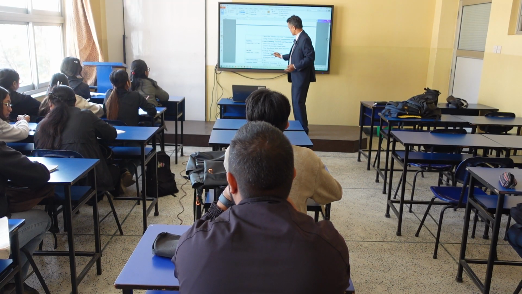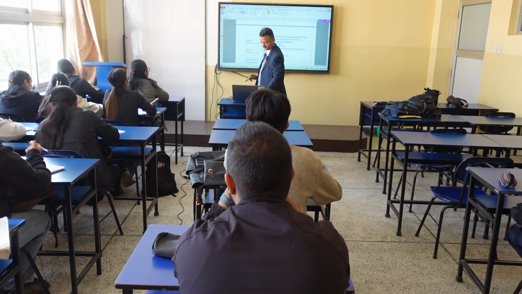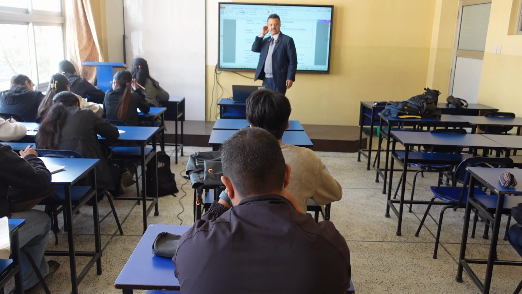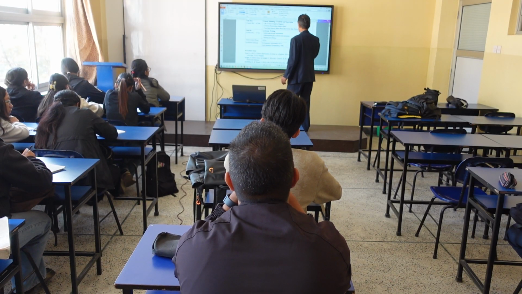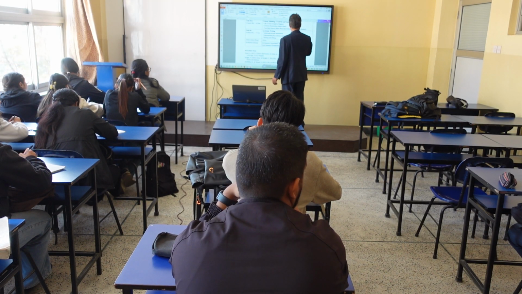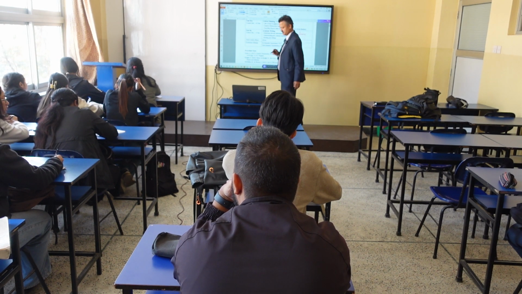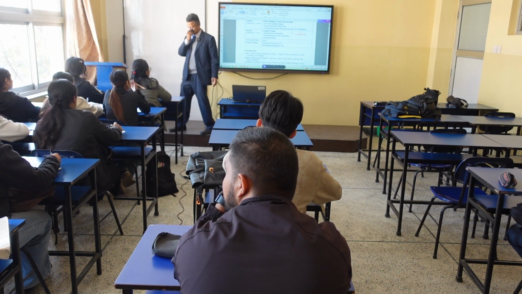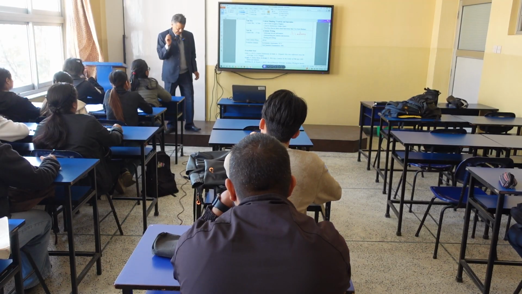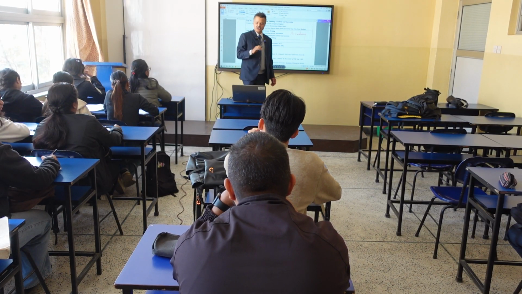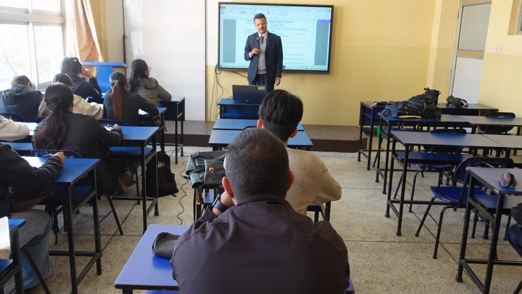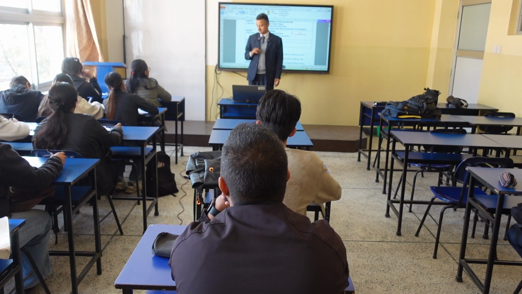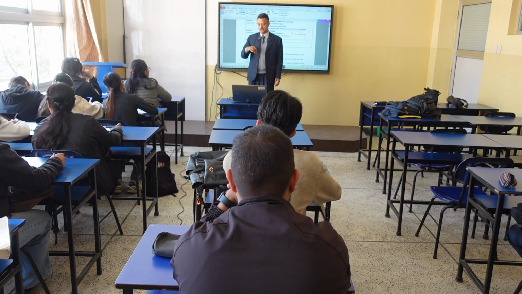Now we have a word, academic writing. Academic comes from the word academy. What is academy? Academy was the name of a school that the famous philosopher Plato founded in Athens centuries before.